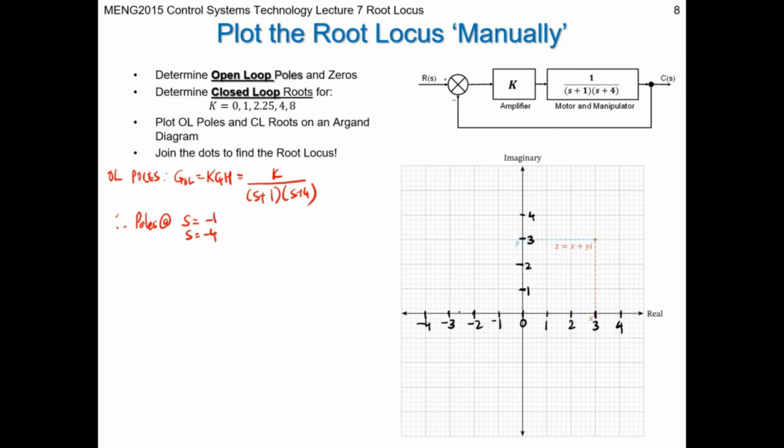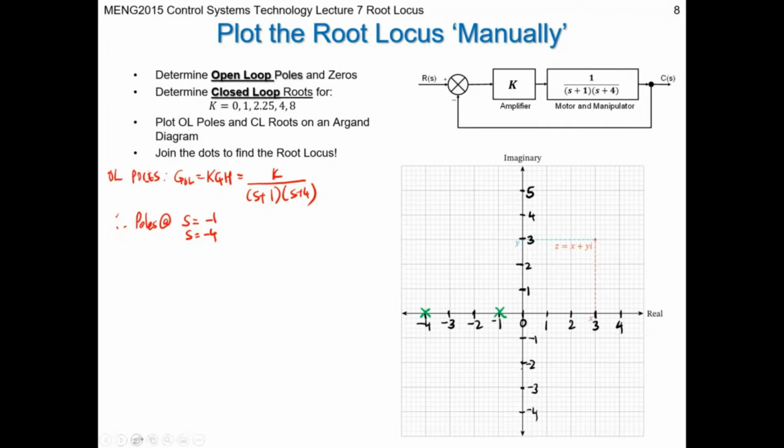So I use one block per unit on the real axis, and I'm using one block per unit on the imaginary axis. And those always have to match, for reasons we'll come to later. Right, so our poles are going to be green x's, one at -1, one at -4. There are no zeros, so that's it.